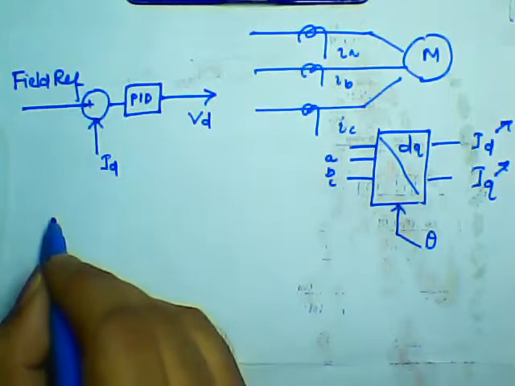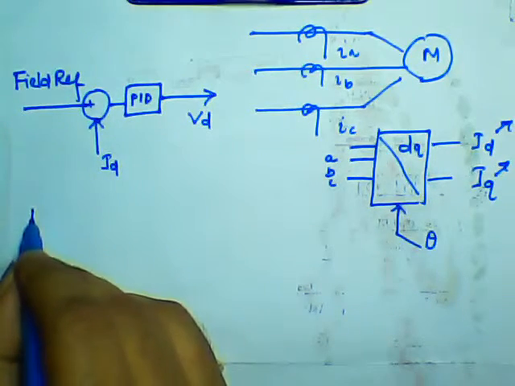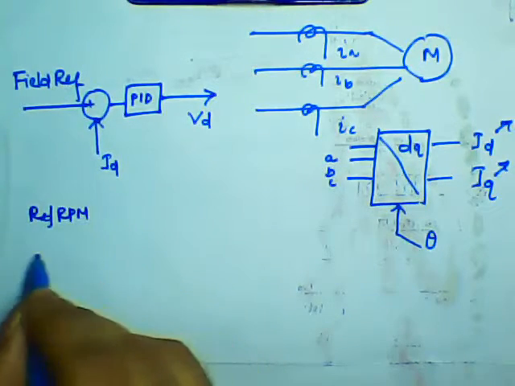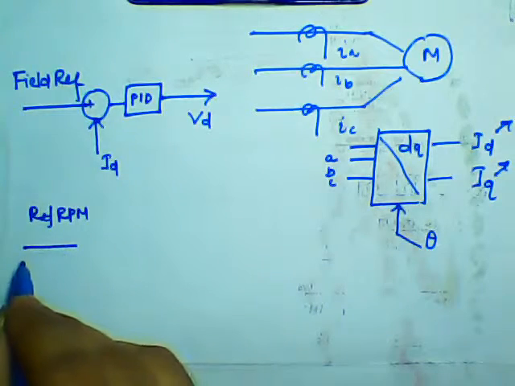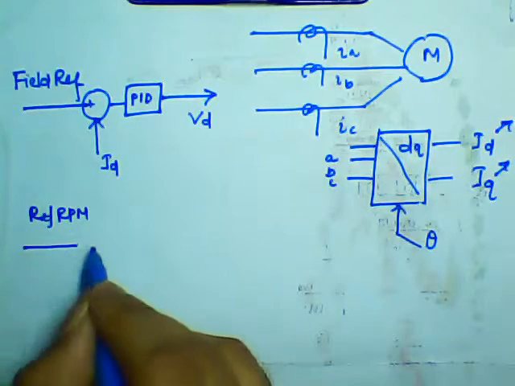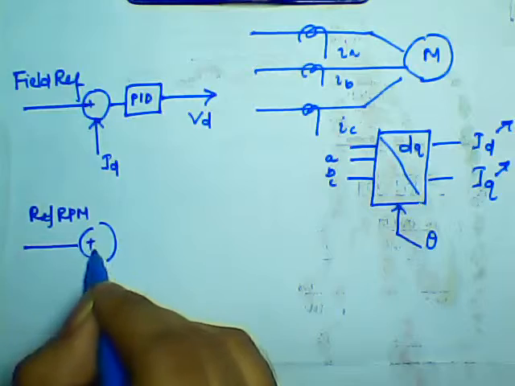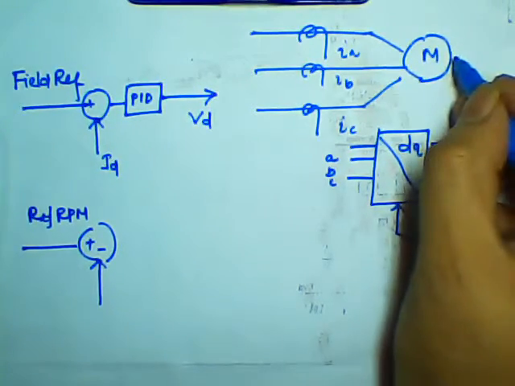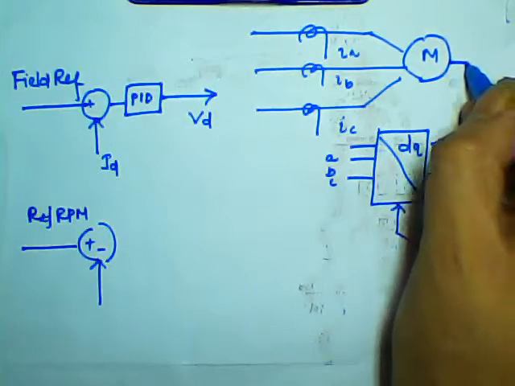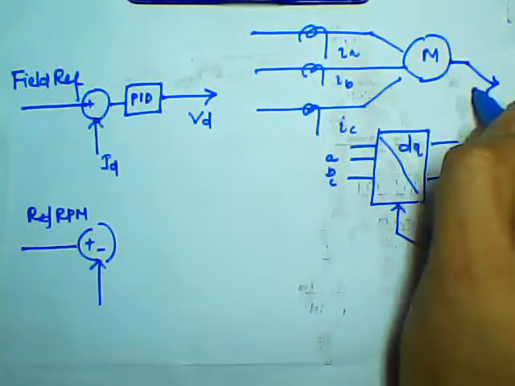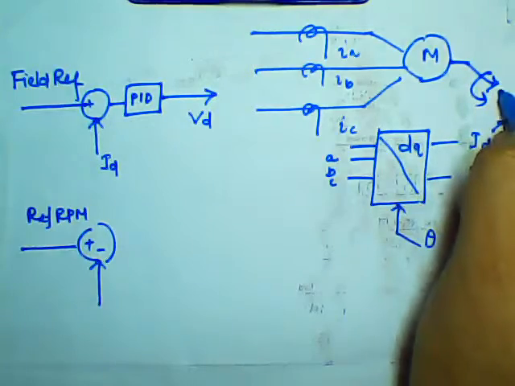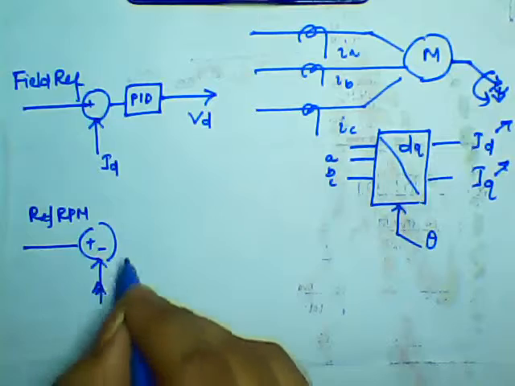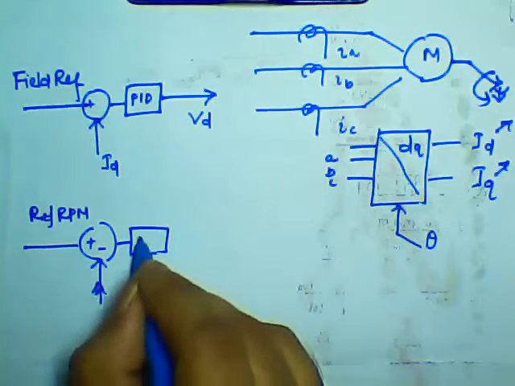Another is my RPM. This is my reference RPM, the set RPM at which I want to rotate the machine. Again this is the feedback, which I will take from a tachometer or a shaft incremental encoder. It is compared, and again there is a PID.